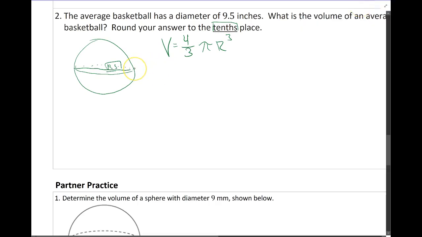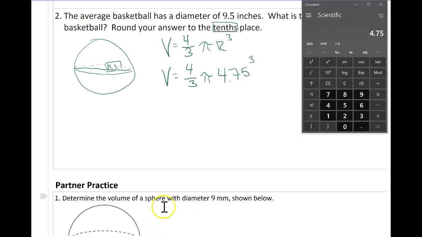So now I say I need to substitute in the values I know. I don't know volume. 4/3 is 4/3. Pi is pi. And the radius we just found is 4.75 cubed. Now this is really easy. I simply plug all these things in and I say, okay, 4.75 times 4.75 times 4.75.